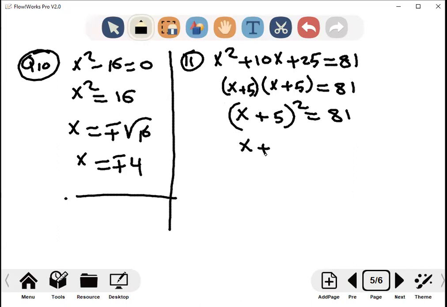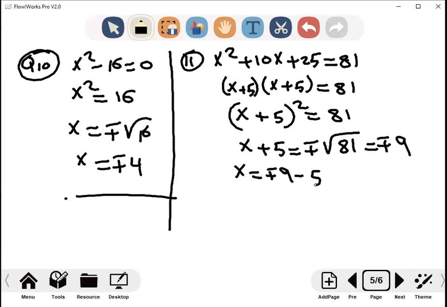x plus 5 equals plus minus square root of 81, which means plus minus 9. Now x equals plus minus 9 minus what? I shift the 5, right? Take it once positive, once negative. x equals plus 9 minus 5 equals 4.